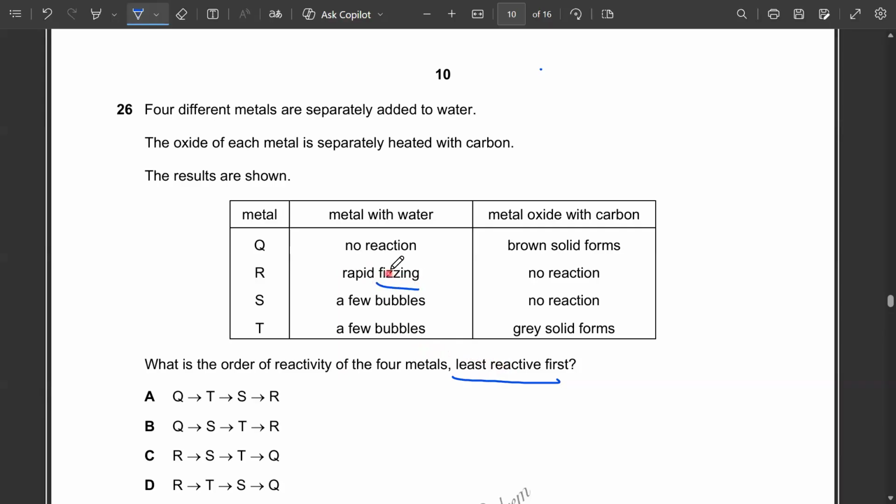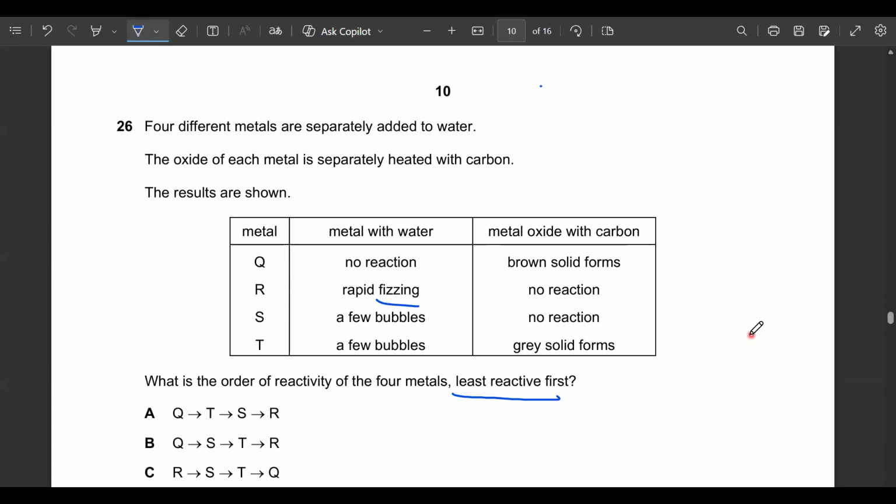And if you remember, which gas is being produced here? Why are we having fizzing? Which gas is the identity over here? Can anyone tell me? No answer from anyone.